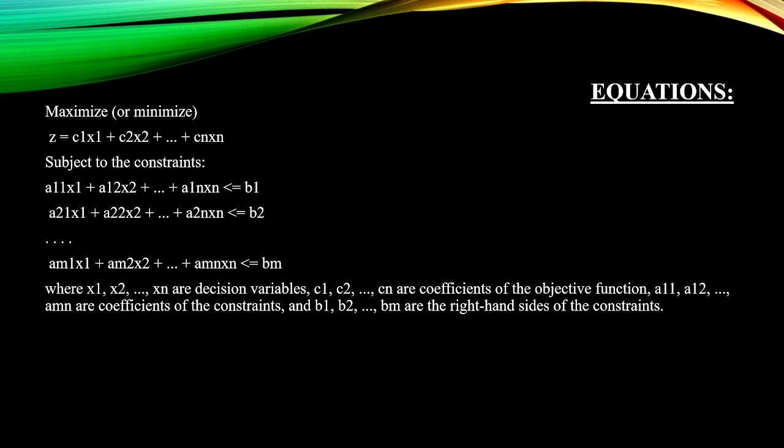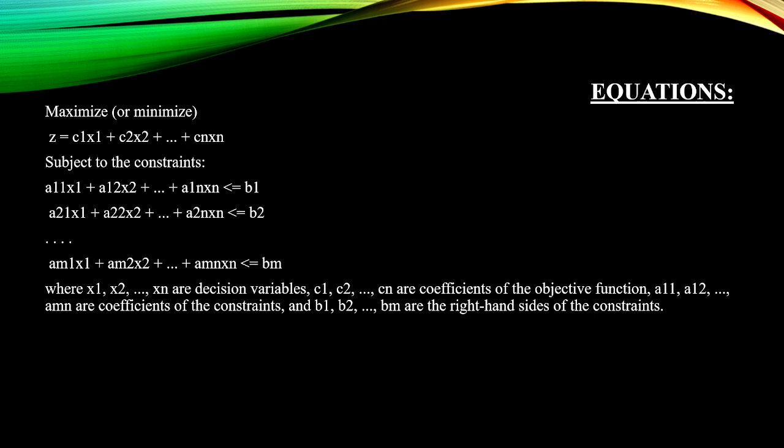Equations for simplex algorithm. We can minimize or maximize by this method. First, we take the objective function called z equals c1x1 plus c2x2 and so on, and the constraints are a11x1 plus a12x2 and so on less than or equal to b1, and a21x1 plus a22x2 and so on less than or equal to b2 and so on.